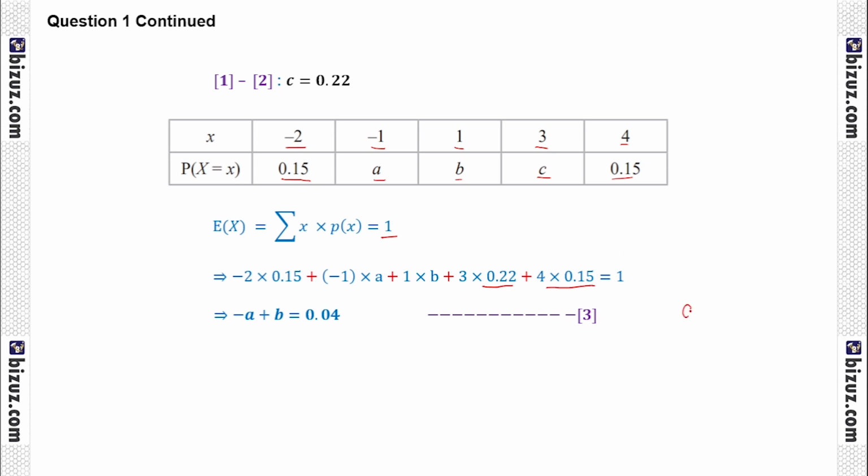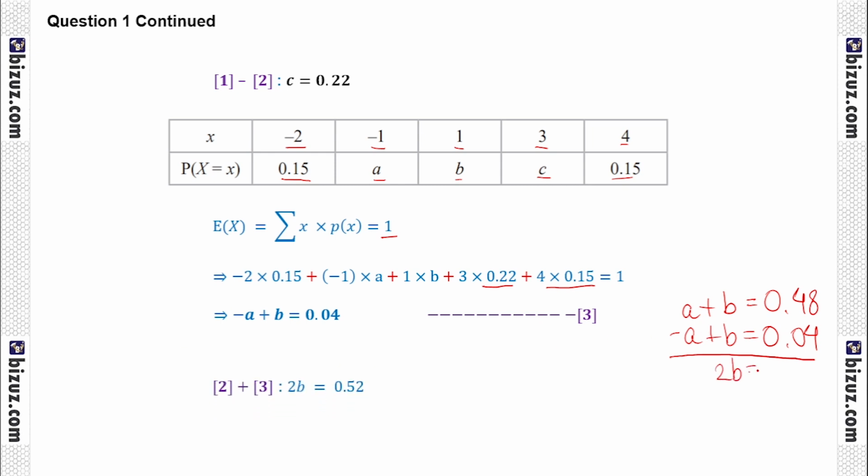Now, if we remember, our second equation was a plus b equals 0.48, and our third equation is minus a plus b is equal to 0.04. If we add these, a cancels out, so we get 2b is equal to 0.52, and that gives us b is equal to 0.26.